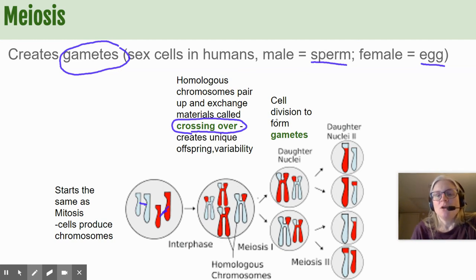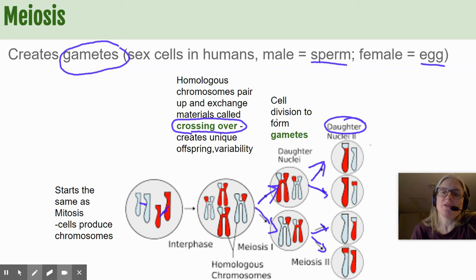All right, so then we do a division here. And then you'll see there's a second division. All right, now this leaves your daughter cells. Remember, they're all haploid, or they only have half the DNA as the parent cell.